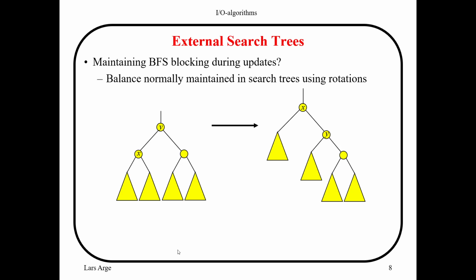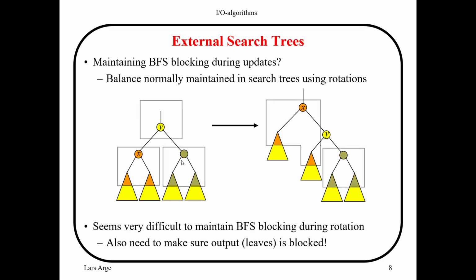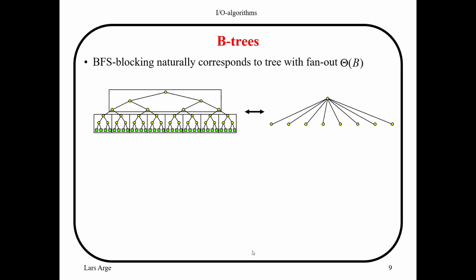If you remember a red-black tree, you have these left-right rotations to maintain the balanced structure of these binary trees. However, it turns out that doing this in the IO model is complicated, and in fact it seems very difficult, because not only do you have to maintain the blocking structure, you also need to make the leaves blocked as well, which looks very complicated.